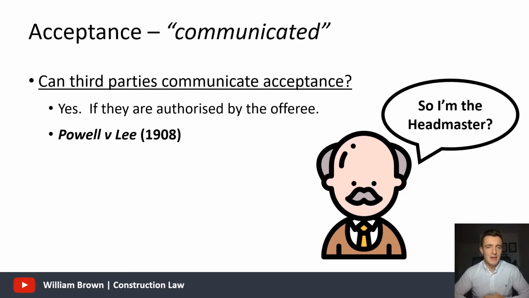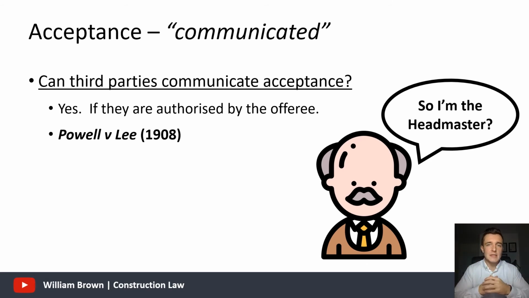Our next question then is whether or not a third party can communicate acceptance. So we have the offeror who makes the offer to the offeree, and this question is all about whether some third party can communicate the acceptance on behalf of the offeree to the offeror.